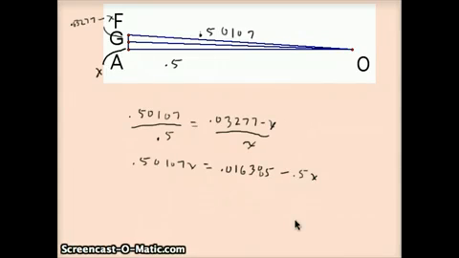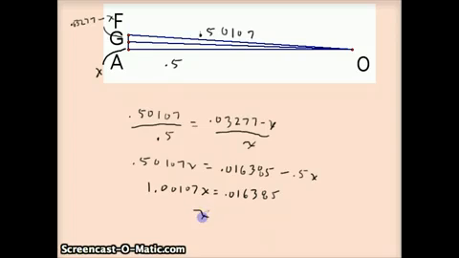Cross multiply and get this equation: 0.50107x equals 0.016385 minus 0.5x. Add 0.5x to both sides to get 1.00107x equals 0.016385.